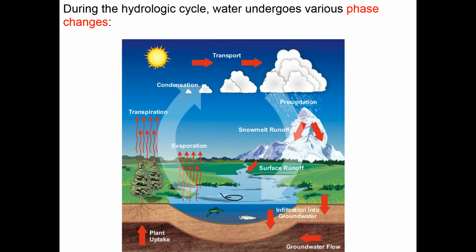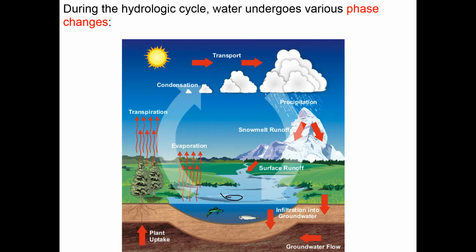When there's enough, it falls back down, sometimes onto colder regions. It freezes, from liquid to ice, and then the ice is going to melt. The melt becomes water and flows back down to the river, and then gets evaporated, and the whole cycle continues. So this is the water cycle we all know well.